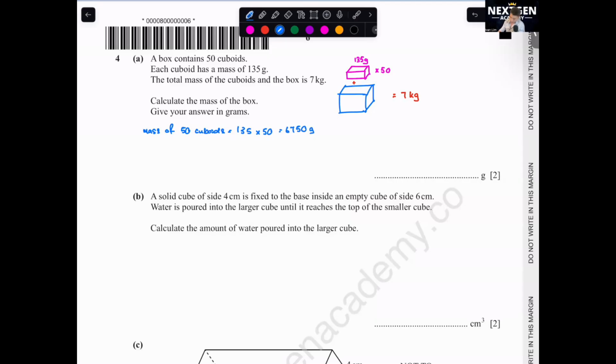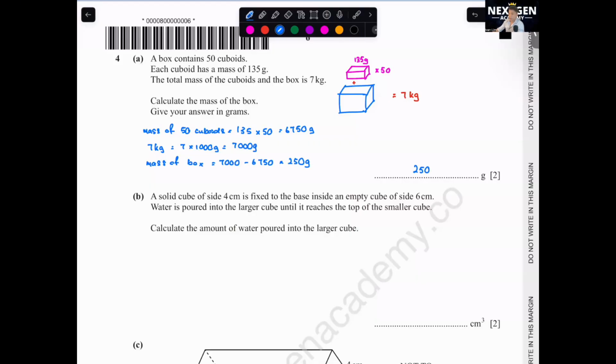Then we need to change 7 kg, which is 7 times 1000 grams, 7,000 grams. Mass of box, you take the total mass, 7,000 minus 6750, which equals 250 grams.